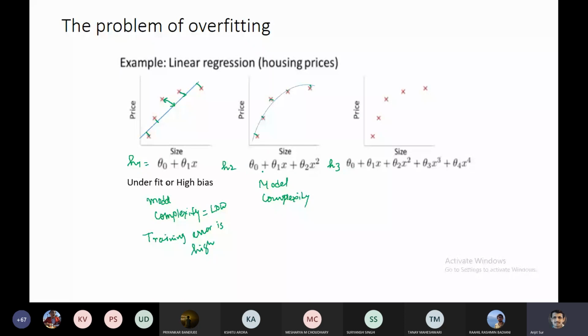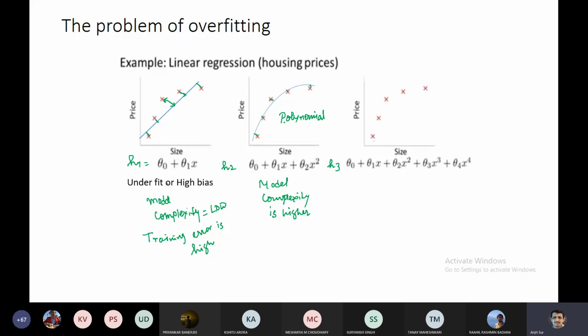It is not linear; the hypothesis function is a polynomial of second-order degree, so we can get this curve. So the model complexity is higher than the previous straight line, but it more or less represents the curve very accurately.